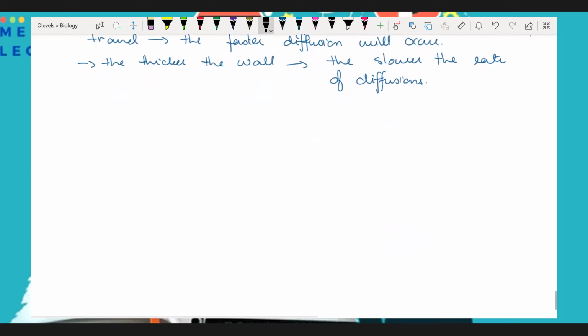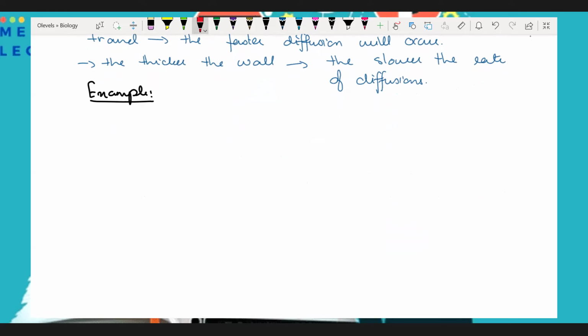Now we can have an example of this as well. Could you give me an example of this distance? Ma'am, alveoli, oxygen and carbon dioxide. Yes, very good.